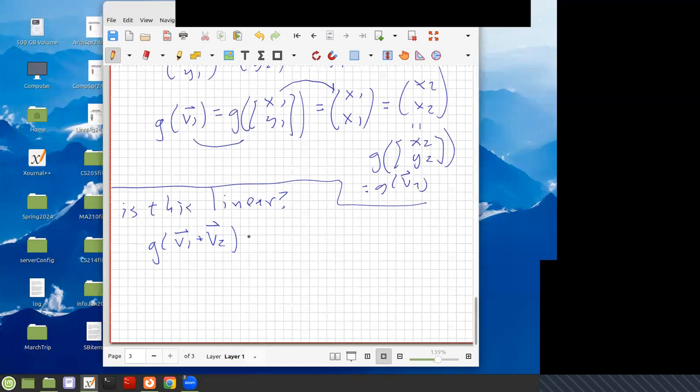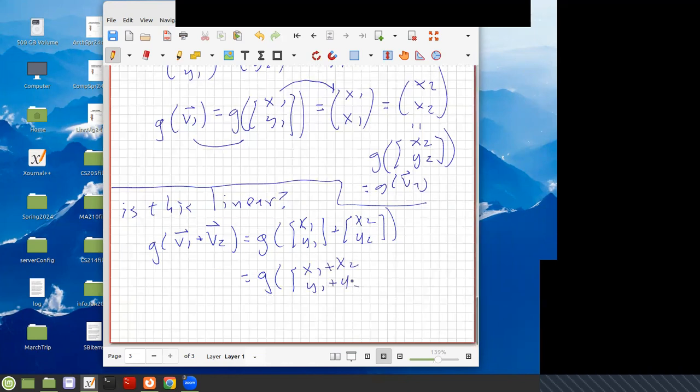And so we'll say this is equal to G of X1, Y1 plus X2, Y2. Then we can use the domain operation to make this into X1 plus X2, Y1 plus Y2. That's just in the domain. But then we can act with G, right?